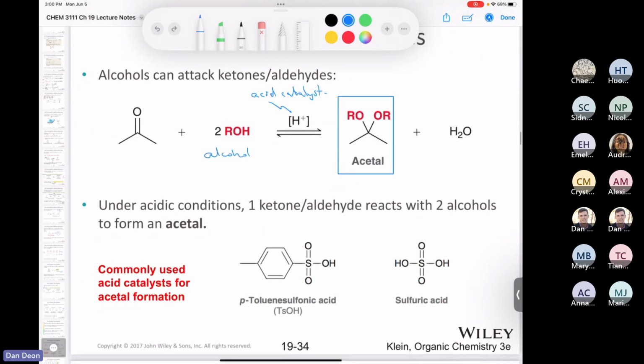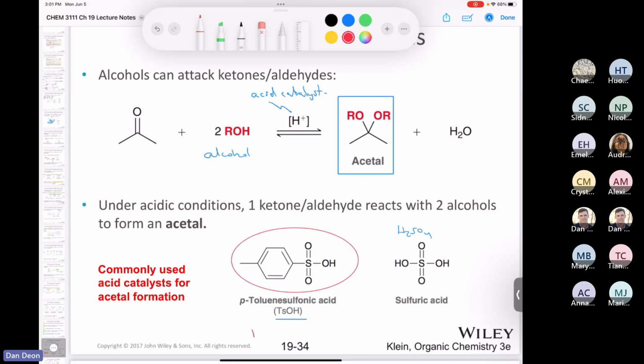So what kind of acid do we use for a catalyst here? What we normally use is either sulfuric acid, H2SO4, or toluene sulfonic acid, and the abbreviation we use is TsOH. If you're wondering why you wouldn't just leave it as sulfuric acid, it's because of what I have in the red circle, the toluene sulfonic acid.